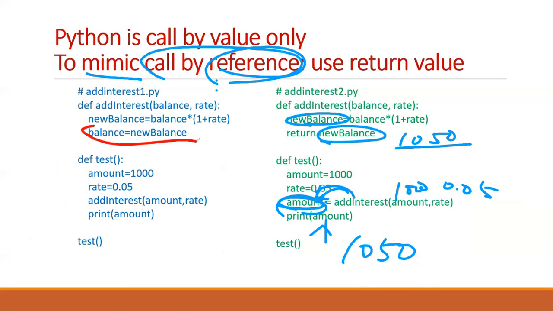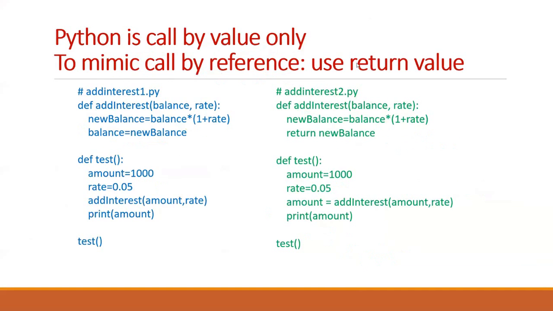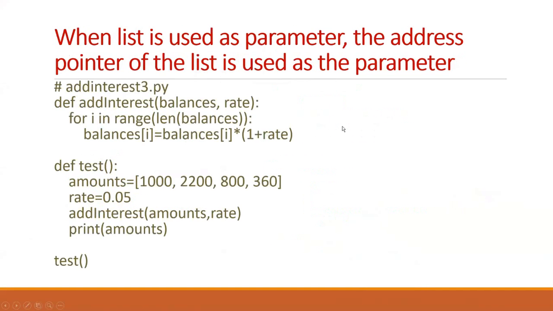But here, you get some return value and it is assigned to amount, so the outside amount will be changed. Is that okay? So you can change the value by using call by reference, or you can use the return value to change the outside value. Two ways you can do it.